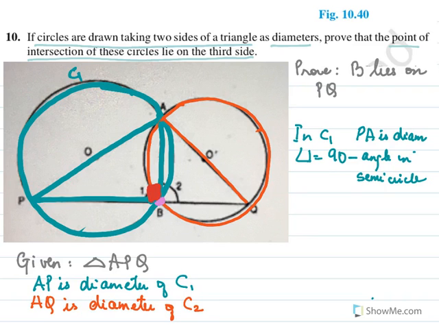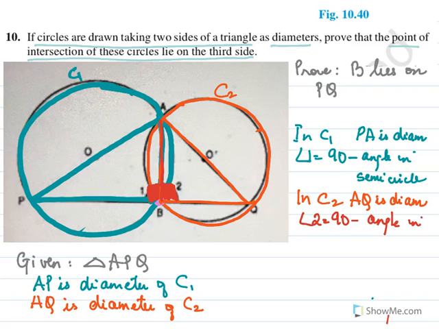Similarly for the other circle, in C2, this is circle C2. So we have AQ is diameter, and if AQ is diameter, then I can say this angle here will be 90, angle in a semicircle. Angle 2 will be 90, angle in semicircle.